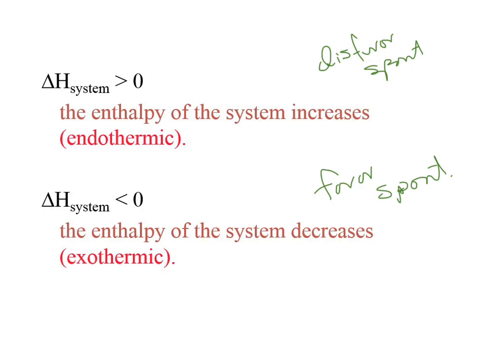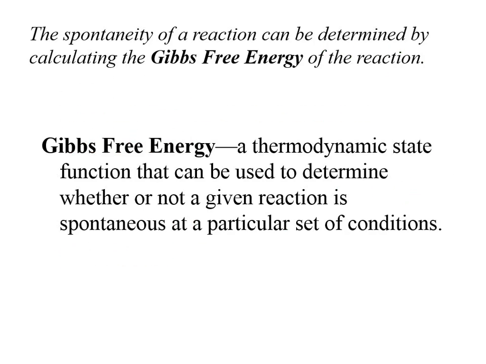So like I said, we're building up to this Gibbs free energy, this G term, which is the thing that talks about your delta S and your delta H for the reaction. G is Gibbs free energy. It's also a state function, which means it's independent of path.